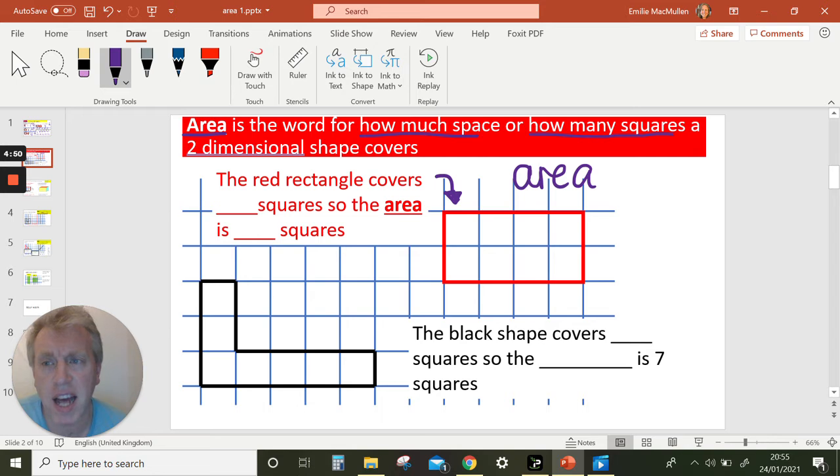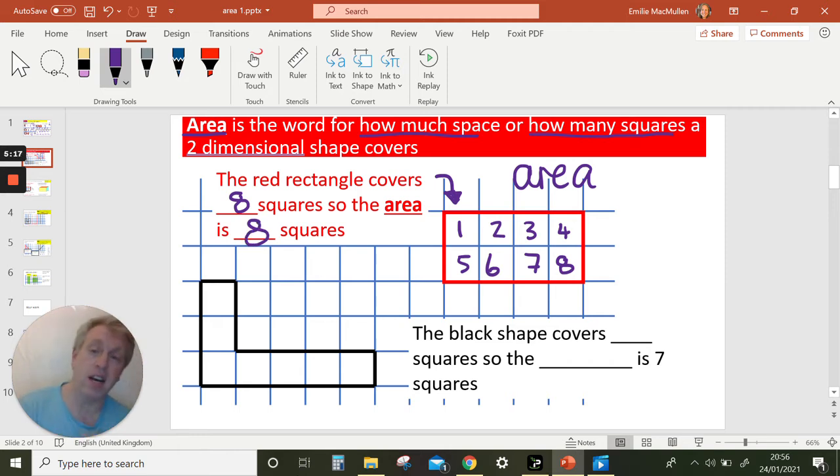The red rectangle covers how many squares? How many squares has it got inside it? Well, 1 little square, 2, 3, 4, 5, 6, 7, 8. The red rectangle covers 8 squares, so the area is 8 squares. The area of the red rectangle is 8 squares.